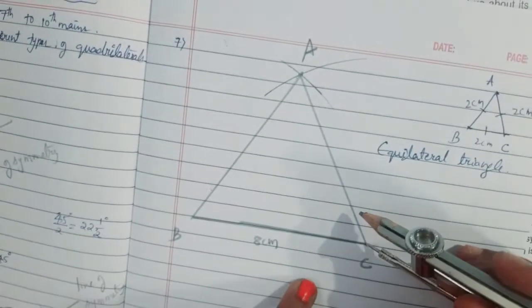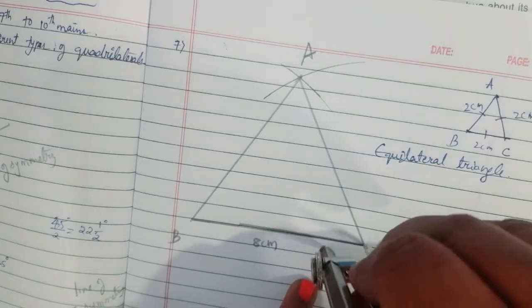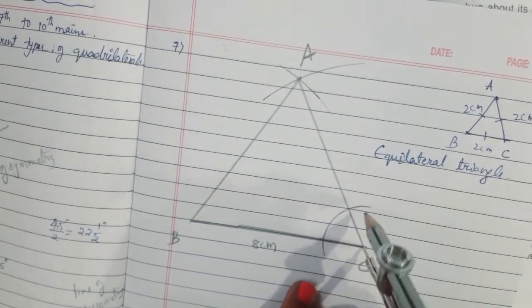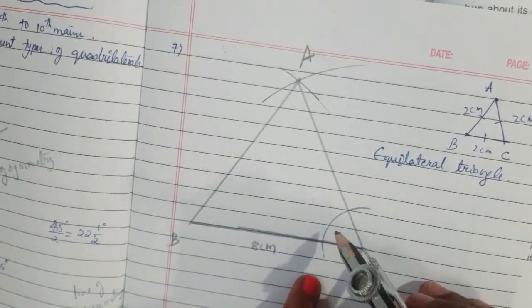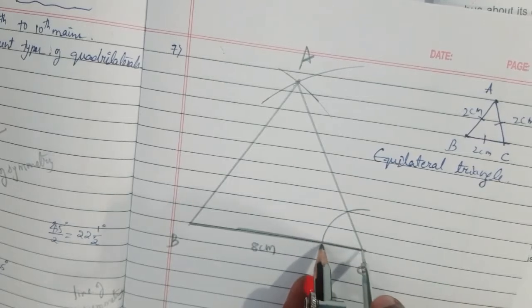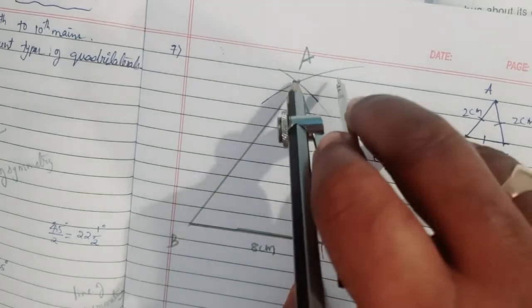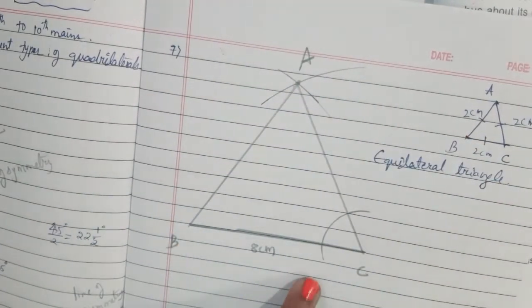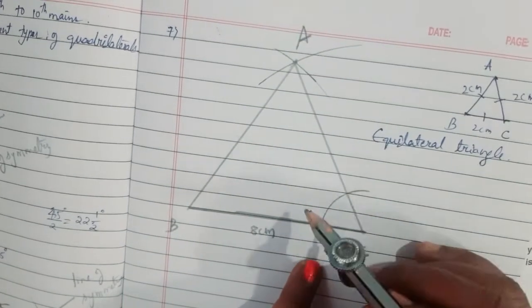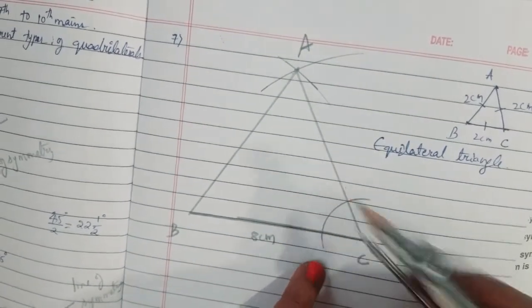At point C, I take a measurement and draw an arc such that it cuts both the line segments AC and BC. It is cutting at some points here, children. We get 2 points.